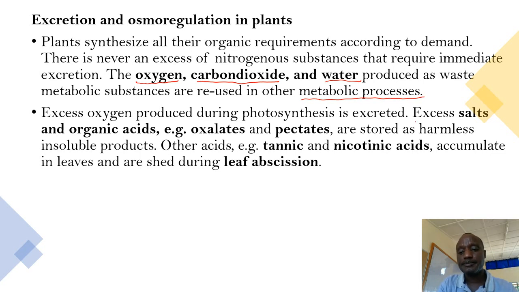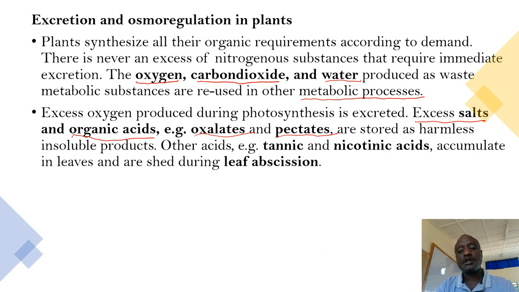Excess salts and organic acids, for example oxalates and pectates, are stored as harmless. So these two are also regarded as waste products, but you have the adaptation behind it. They have to be stored as harmless insoluble products, and you have some other waste product acids like tannic and nicotinic acid.